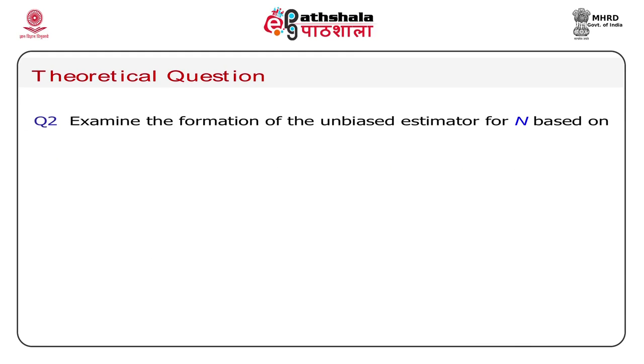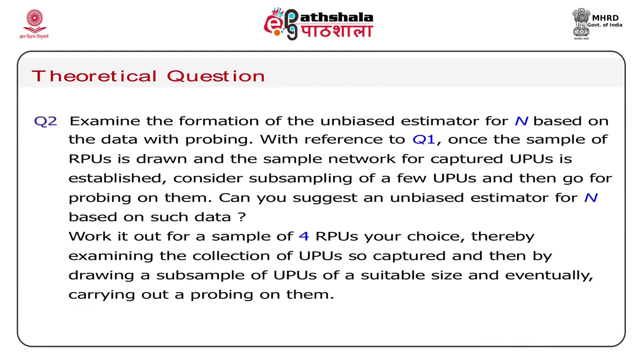Next. Okay, examine the formation of the unbiased estimator for capital N based on the data with probing, the relatively simpler scenario. With reference to question 1, once the sample of the reference population units is drawn and the sample network for captured ultimate population units is established, consider subsampling of a few ultimate population units and then go for probing on them.